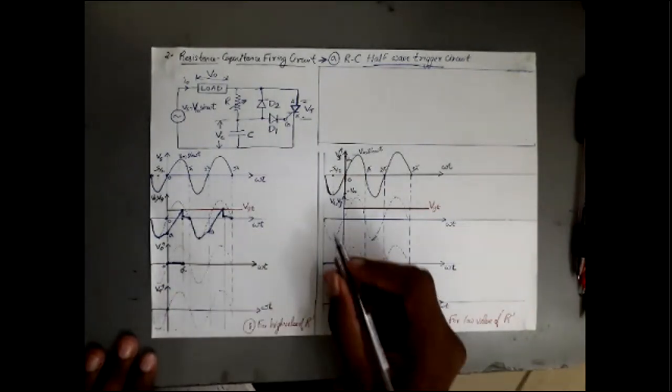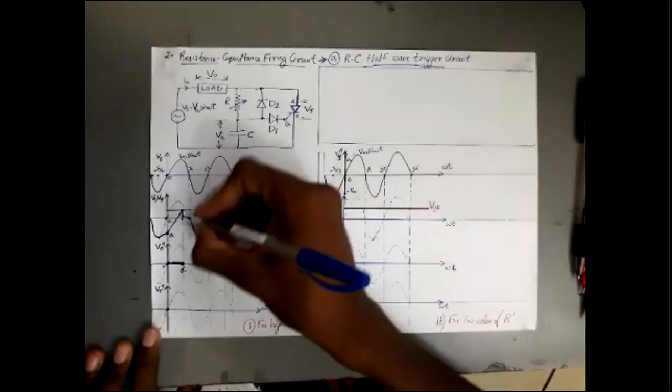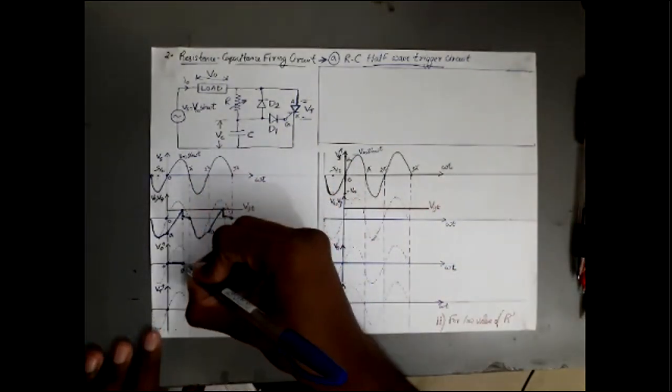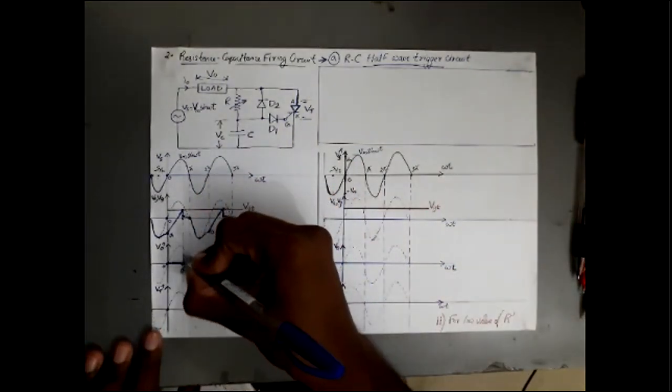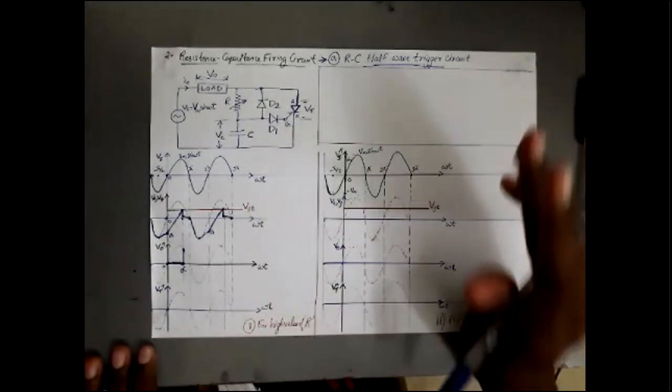At the point at which my SCR got triggered, V0 appears across my load, and the voltage suddenly rises to a value equal to Vs, the same as in the case of the resistance firing circuit.